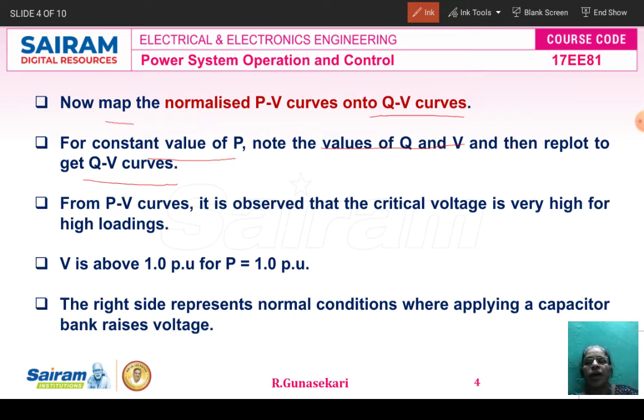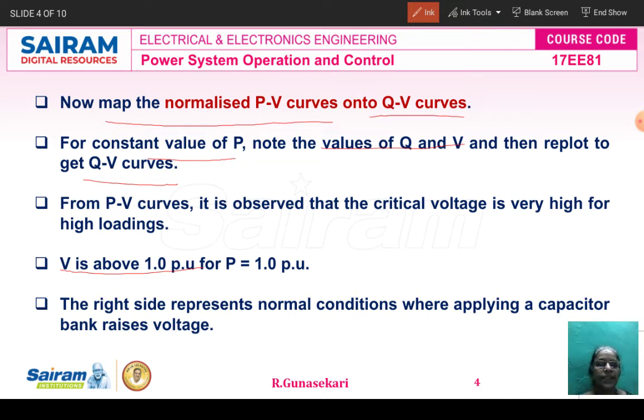That's why I am saying map the normalized PV curves onto the QV curves. Then V is above 1.0 per unit for P equal to 0 per unit in the QV curves. In the QV curves P takes different values, whereas in the PV curves tan phi takes different values.